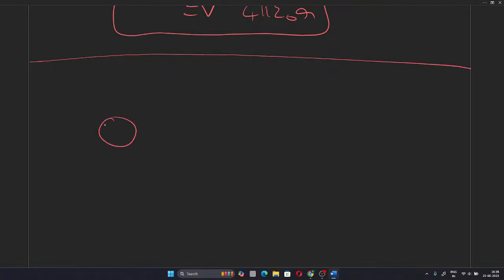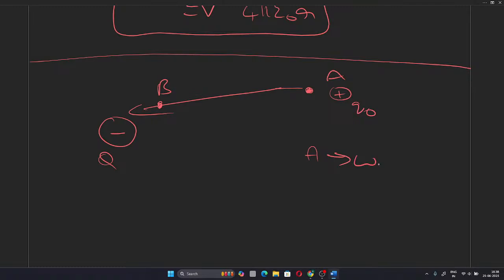When we take a negative charge Q here and a positive charge Q naught, there is an attraction force. Due to this, let's assume this is the point A and this is the point B. In such a case, point A will have higher potential.